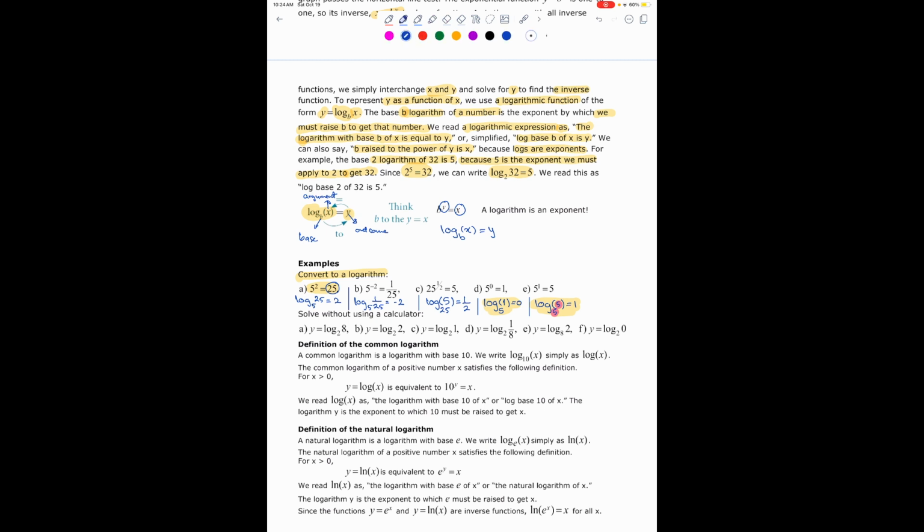I will do some of the second questions on the side because they don't have a space. And then I'm going to erase my answer, and hopefully you're taking notes while I'm doing it. The first one, we have y equals log base 2 of 8. We need to find this without using the calculator.